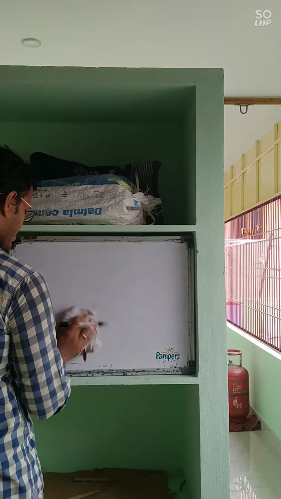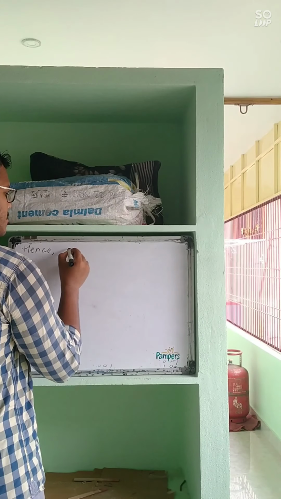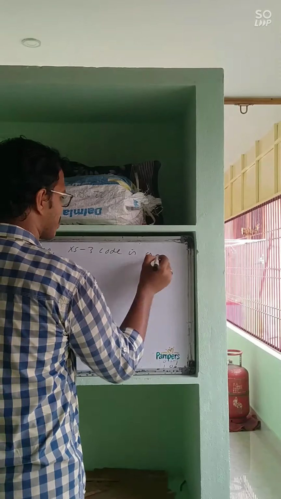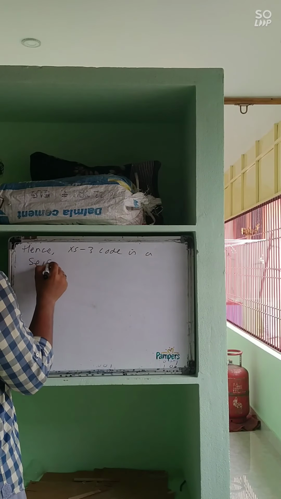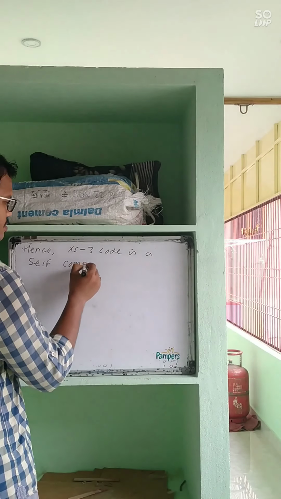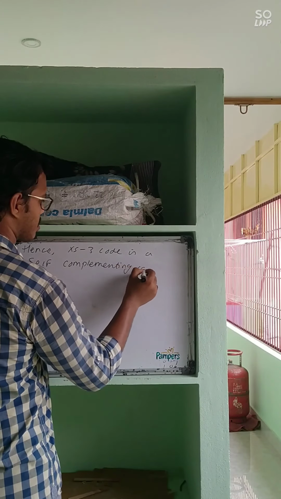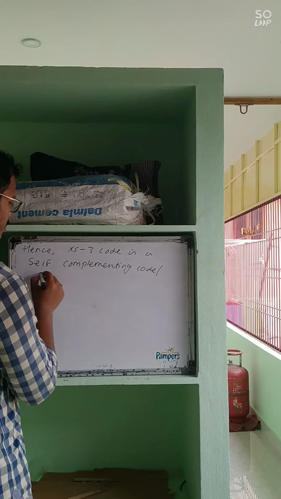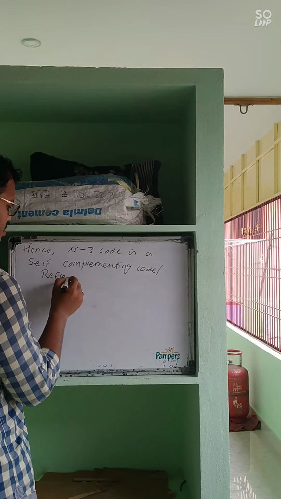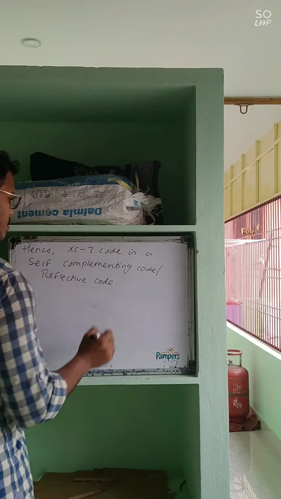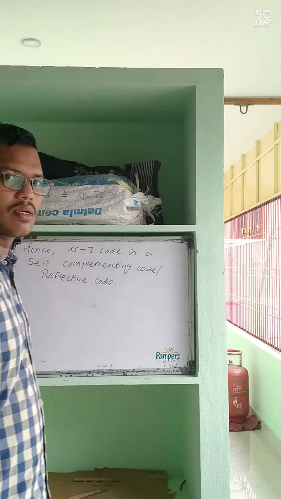Hence, XS3 code is a self-complementing code or reflective code.